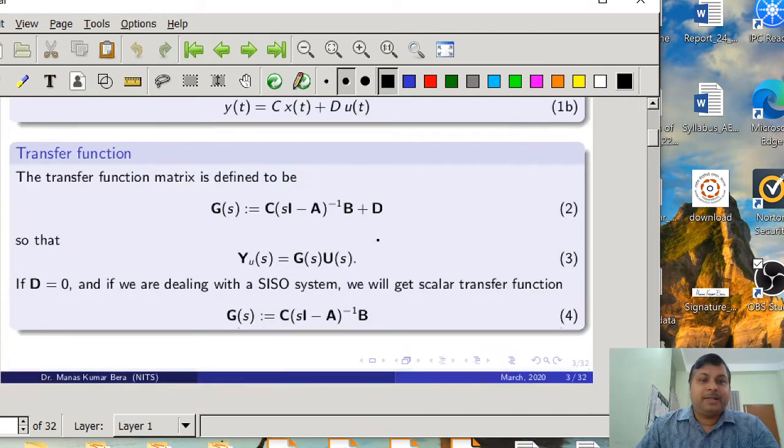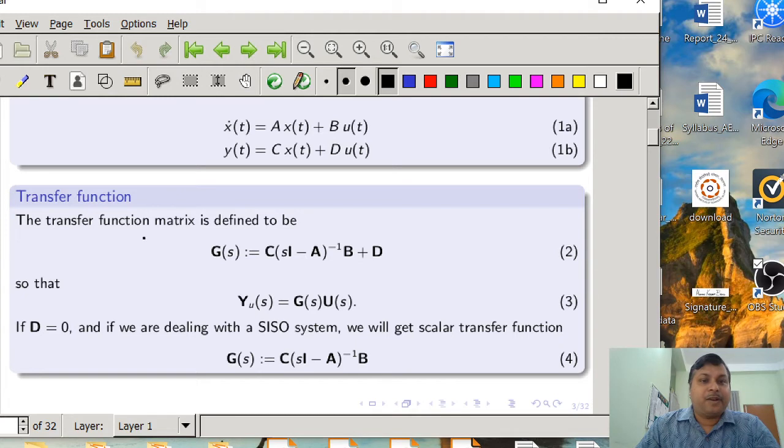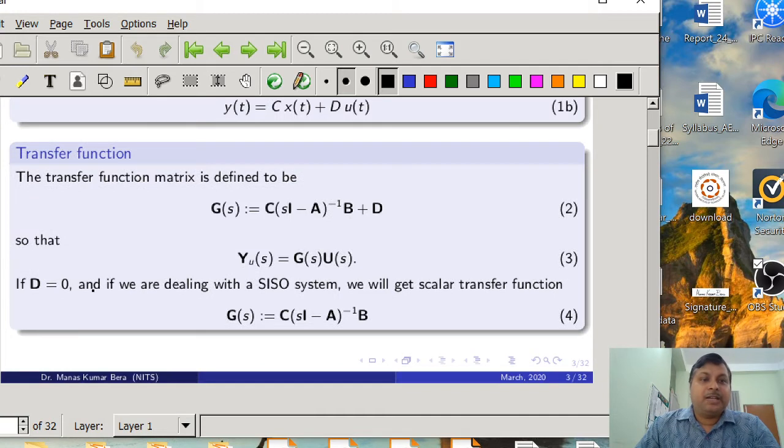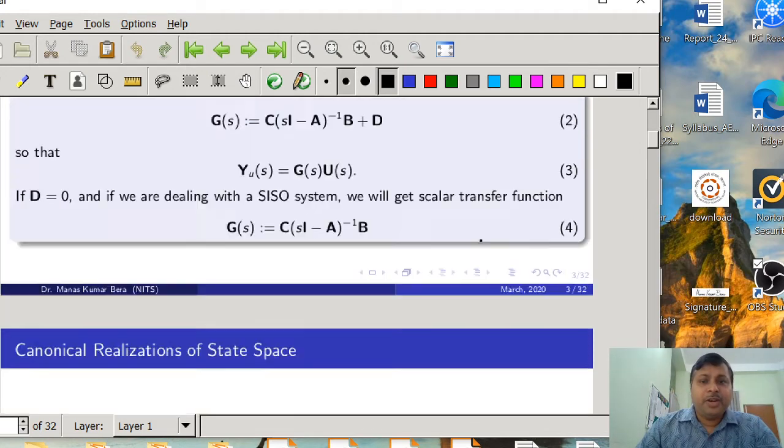In the last lecture we discussed how for a MIMO system we can find the transfer function matrix using relation 2. And if we assume D equal to 0 and we are dealing with a SISO system, then instead of a transfer function matrix we will get a scalar transfer function, which is represented by relation 4.